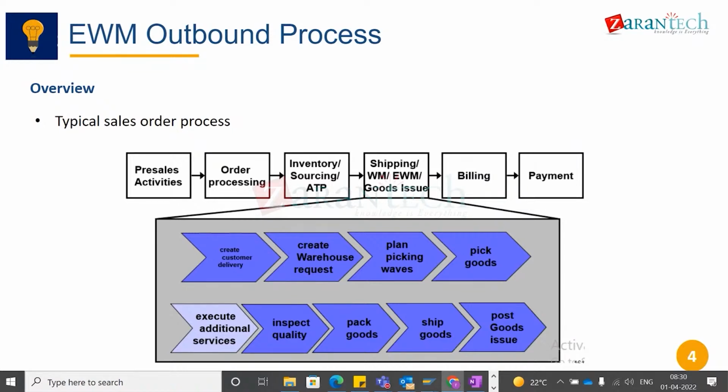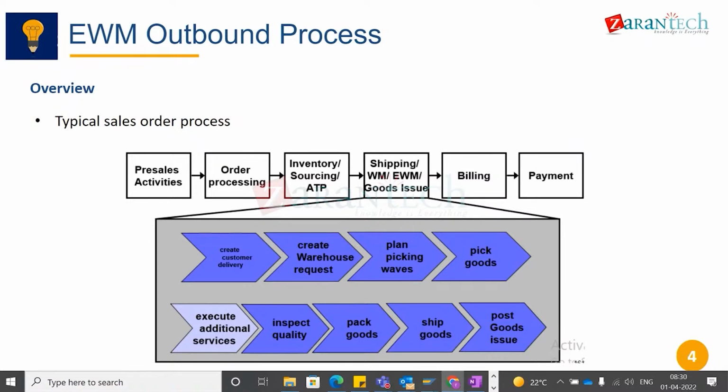Then you will move the stock received in the staging area into the truck to deliver to the final customer. That is the loading activity, and tracking of the loading activity will also be done in the EWM system. Once you have completed your loading activity, you check out from the door, and it is done.